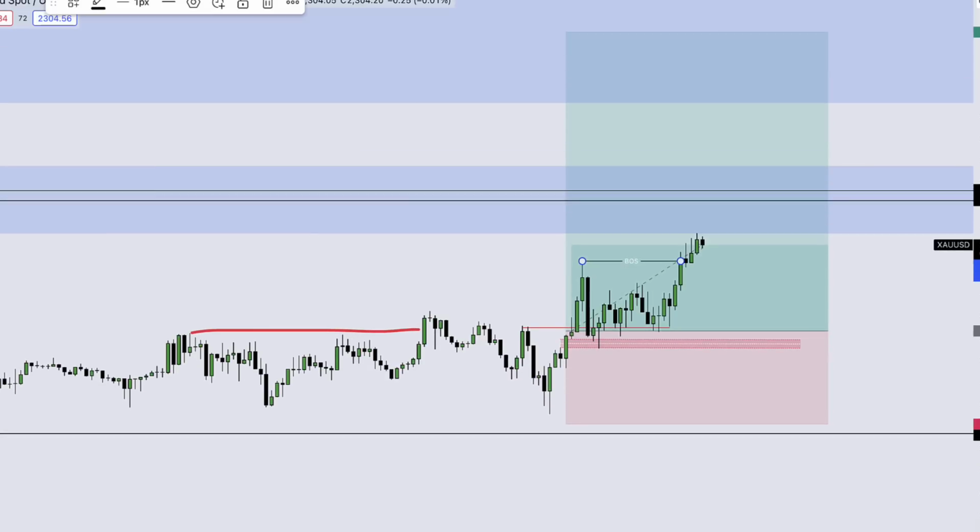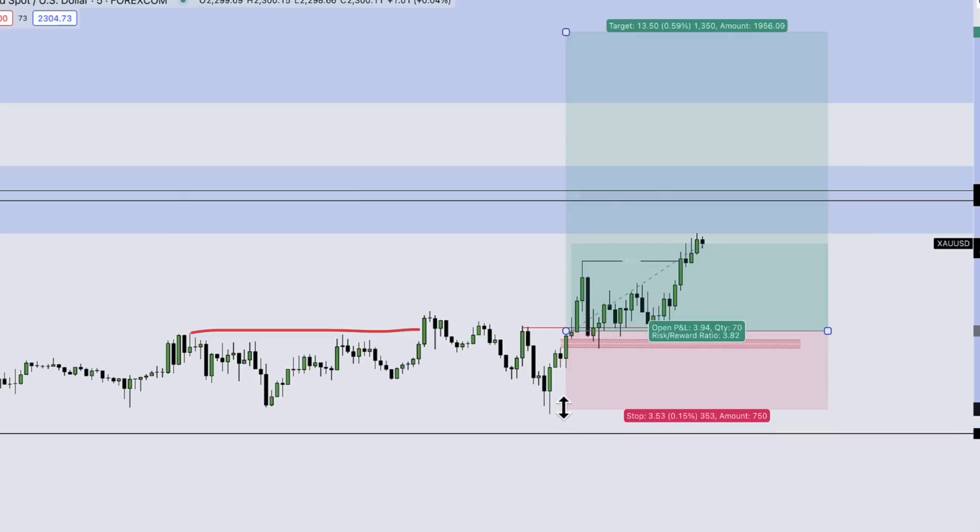Because I am taking a riskier trade, which is a counter trade, it is very much okay for me to break even. Since now I have a break of structure, I don't expect price to go lower than where my entry is. So all I have to do is to pick this guy and bring it right here.